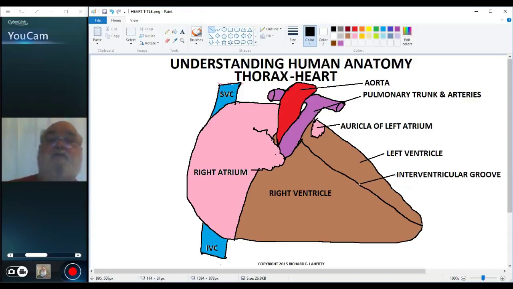And that's the external marking of the septum, the wall that divides the left and right ventricle.